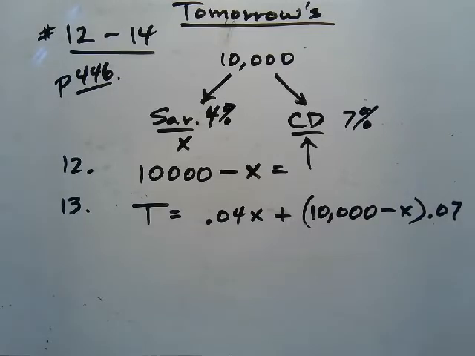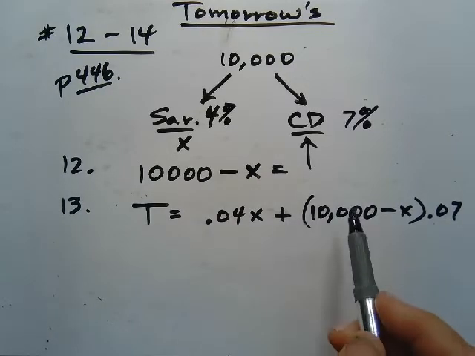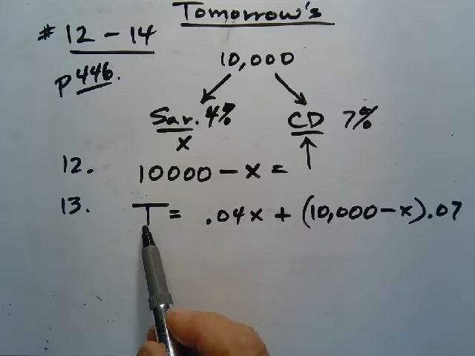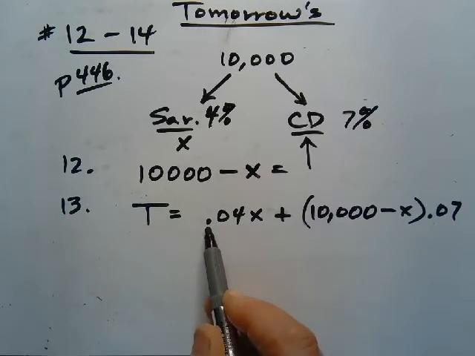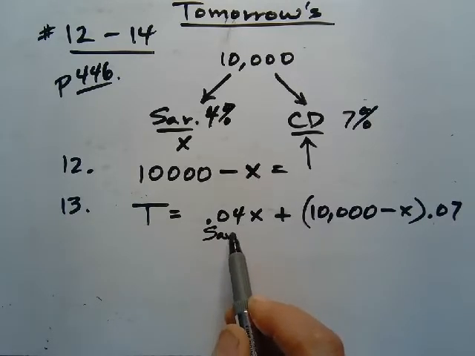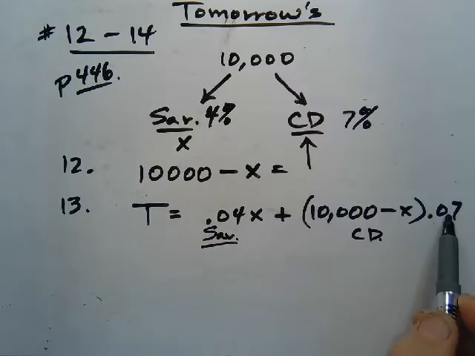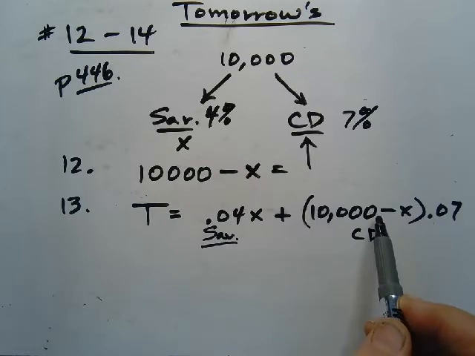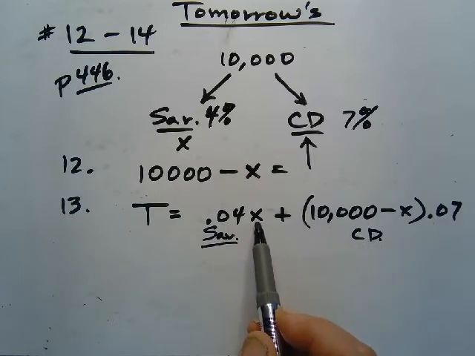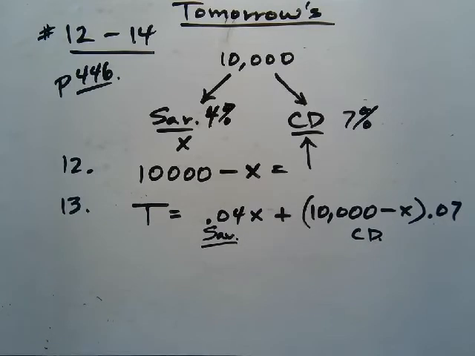So there is an equation for the total amount of money Kenzie will earn. This is her savings right here, and this is the CD over here: 7% in the CD plus 4% in the savings account. Savings account was X. Now this would be an okay answer, but they want us to simplify it. So I'm going to do that with you.